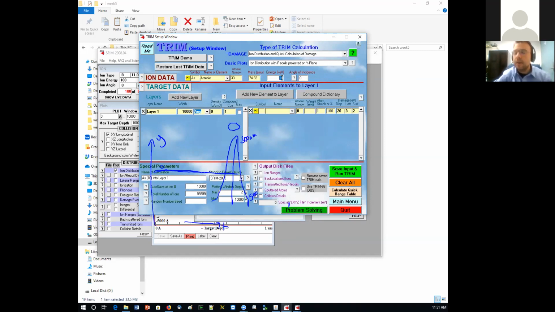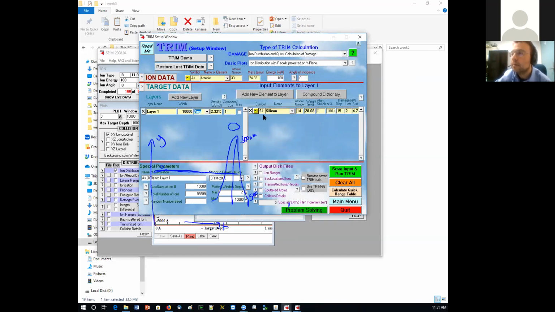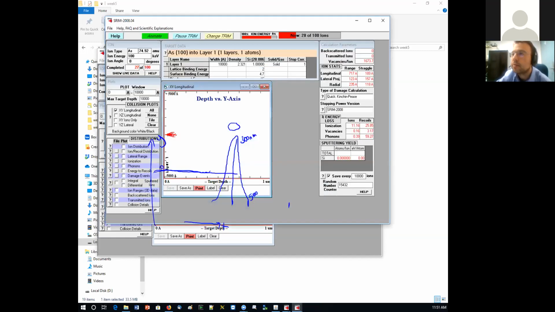Give the same energy, 100 kiloelectron volts, because we want to make a fair comparison. We will leave this again at 1 micrometer, and the target is also silicon. Remember, we have to change the total number of ions to 100 again. Now we're ready to run this too. Save and run it. It's running on my screen.